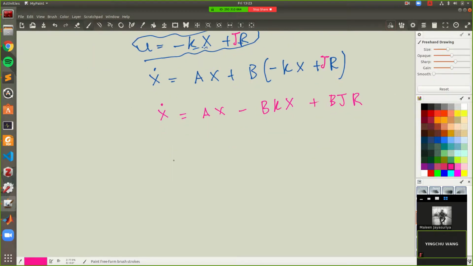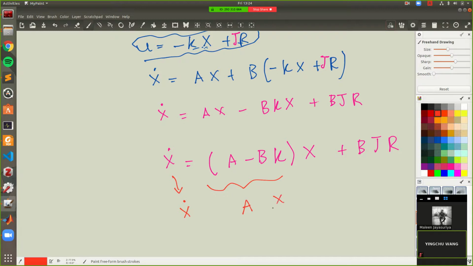And then if I factorize this, this becomes plus bjr. So what does this mean? What does this look like? This now looks like a new system, with x dot, this looks like your A matrix into x, plus this looks like your new input matrix.